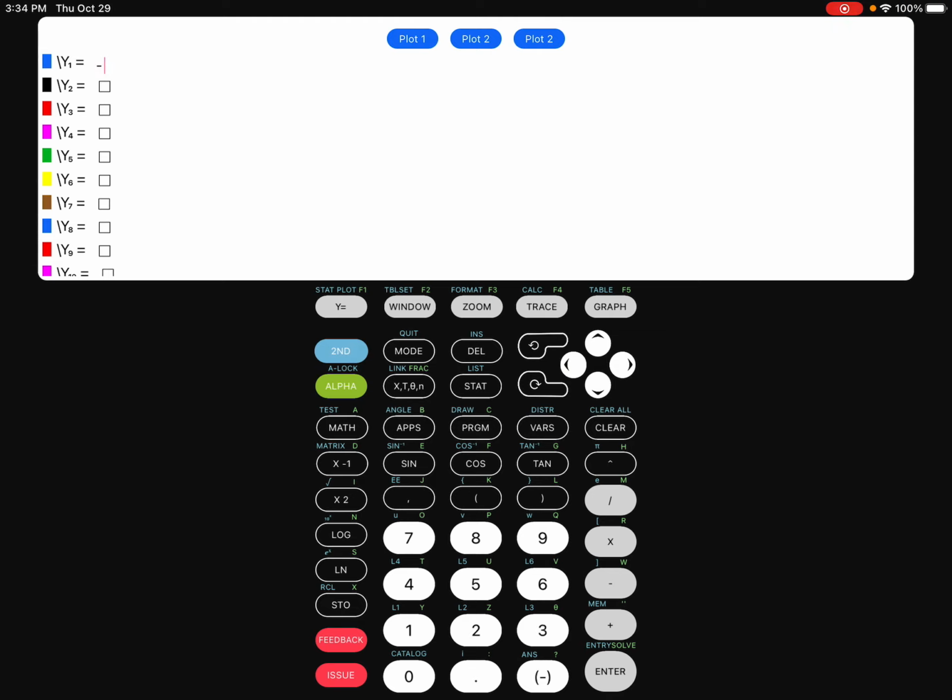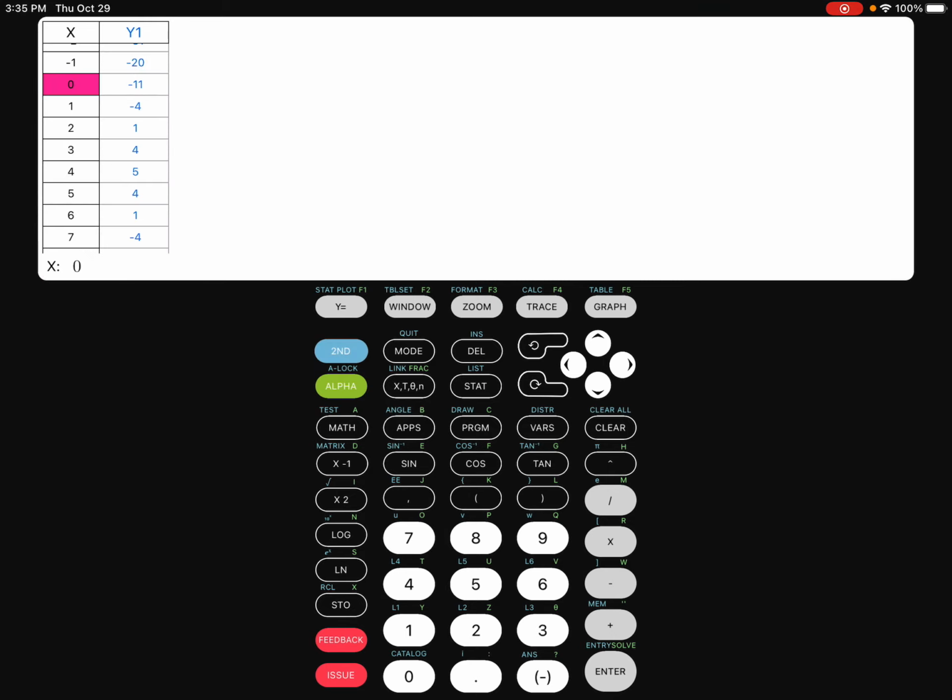And I'm going to put negative, using the negative with the parentheses, then x, and then the exponent squared. Then I'm going to add, let me turn it over so I can see it, plus 8x, and then I'm going to use the subtraction for minus 1. Then I'm going to hit the blue second button, and then the graph button, and that's going to give me my table list of values.